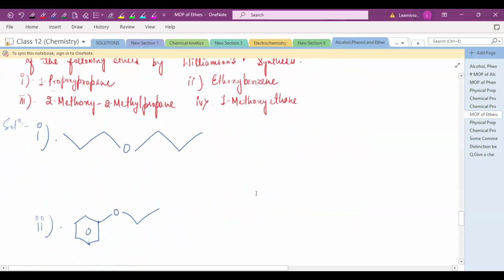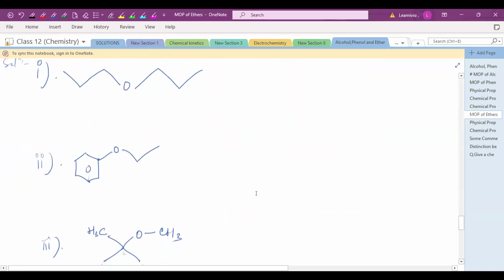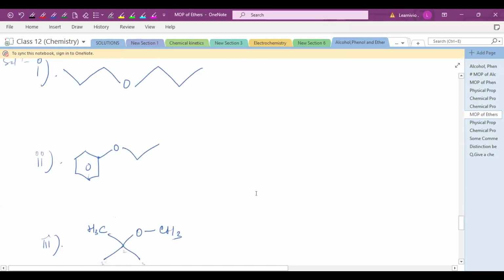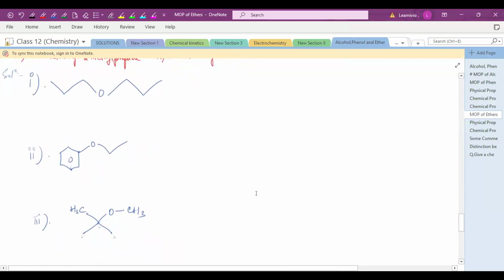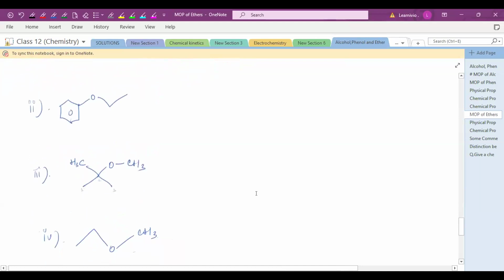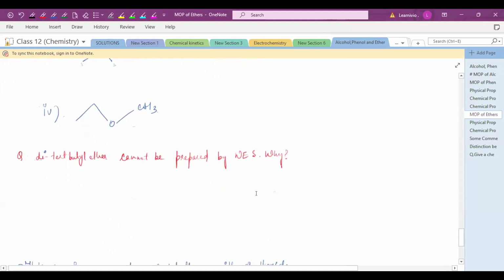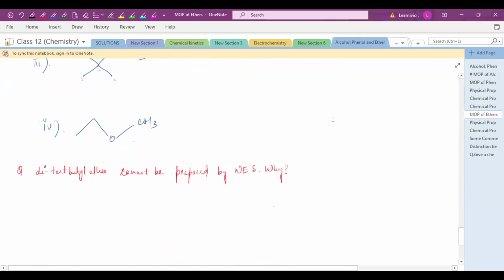Okay, so if you want to draw the structures, you can. Here's a structure: first, second, third. Second question you have written. Yes, ma'am.